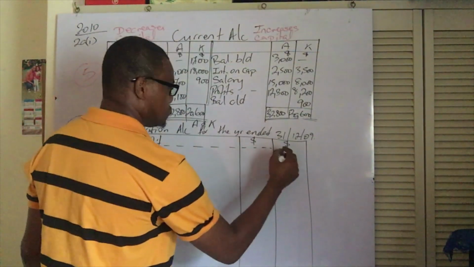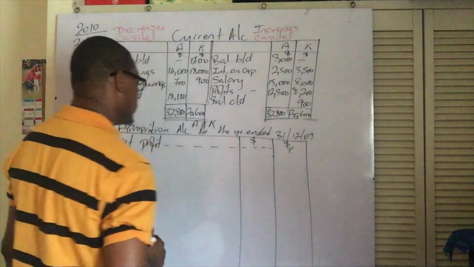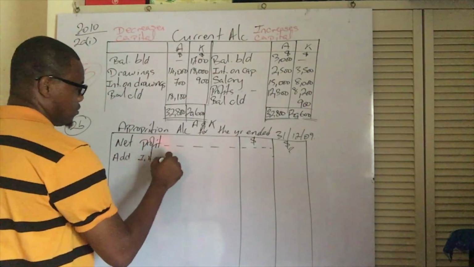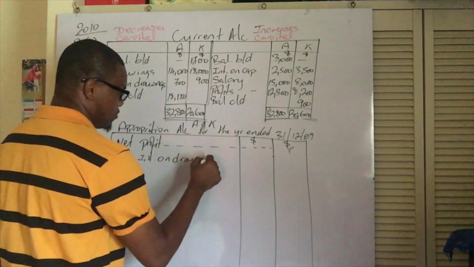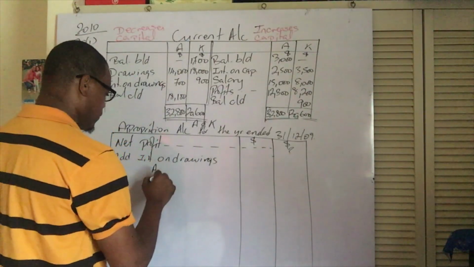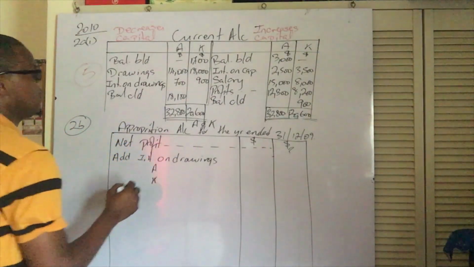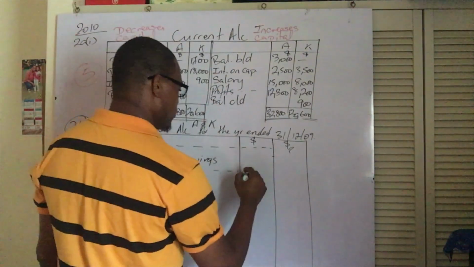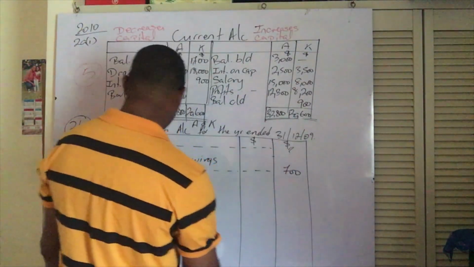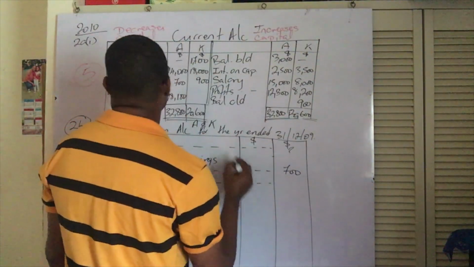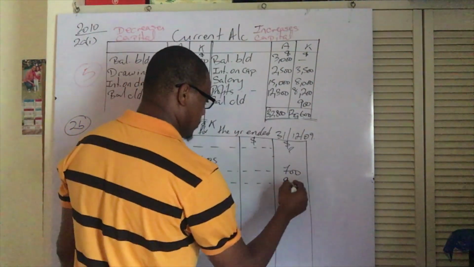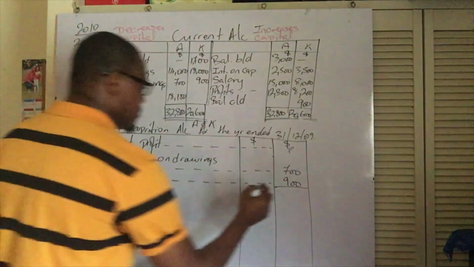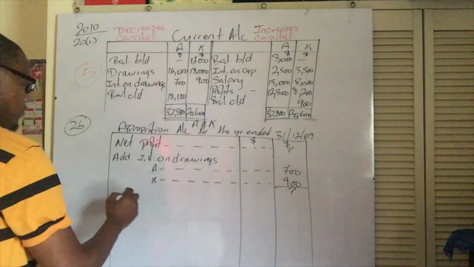Net profit, we don't know, right? Add interest on drawings for Angel, for Carissa. Interest on drawings for Angel is 700, and because we're adding, we can just put it over here. Carissa, right, is 900. Now we don't know what this figure is because we don't know what the net profit figure is.